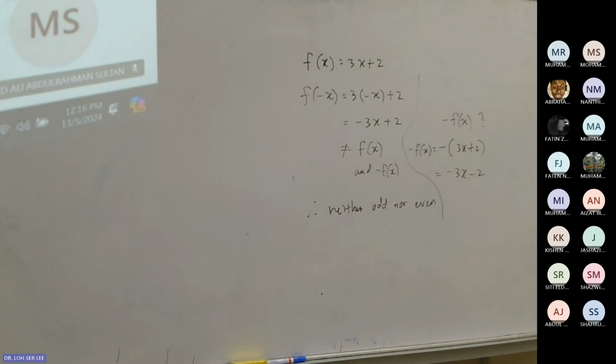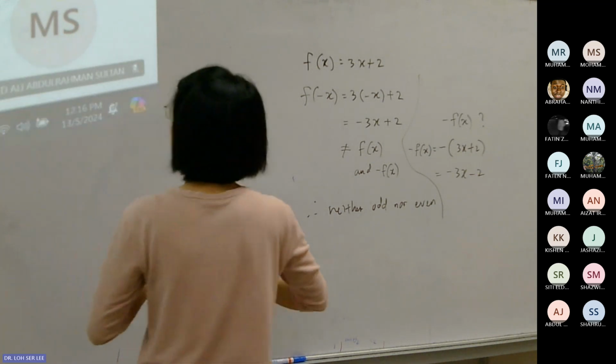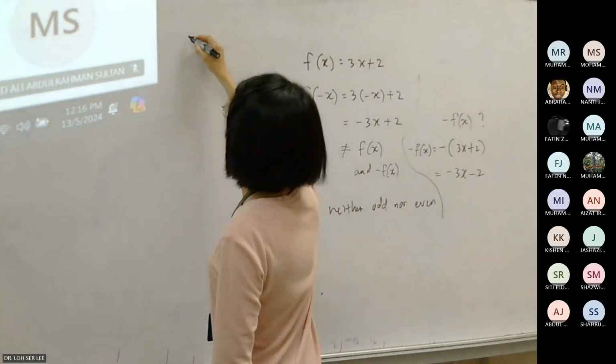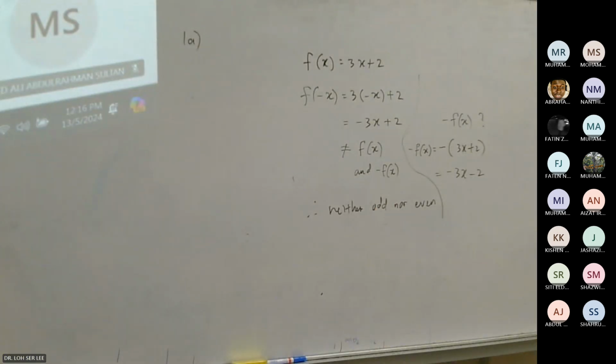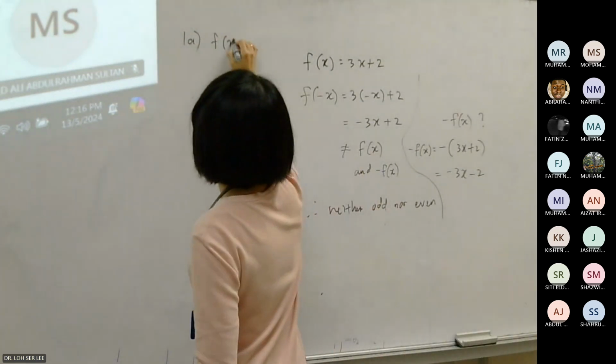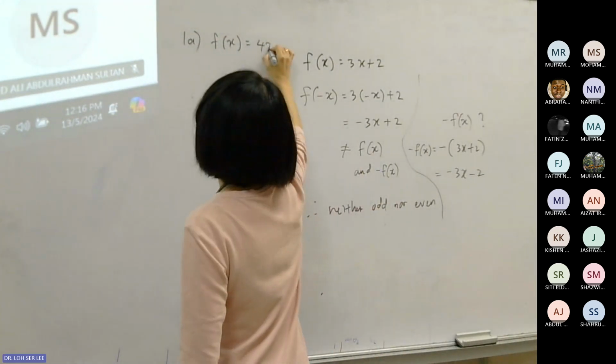Okay, try this. Question 1A: fx equals 4x cubed.